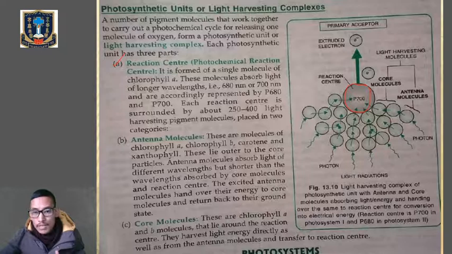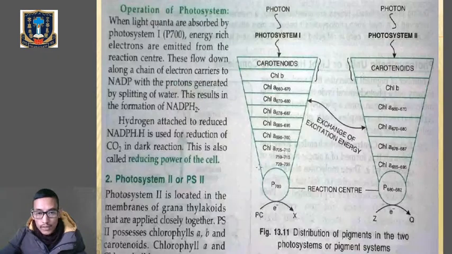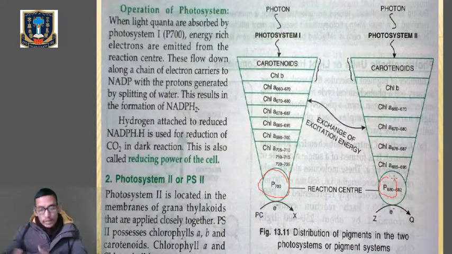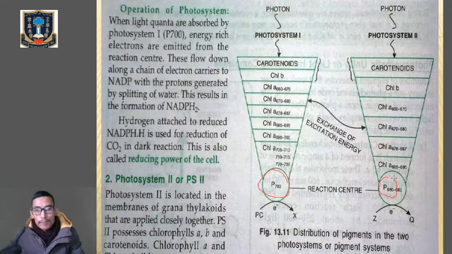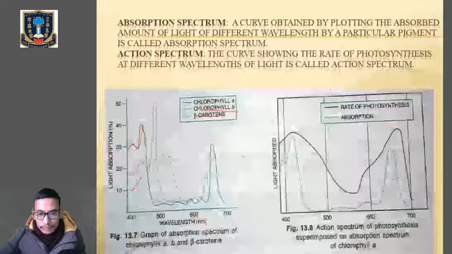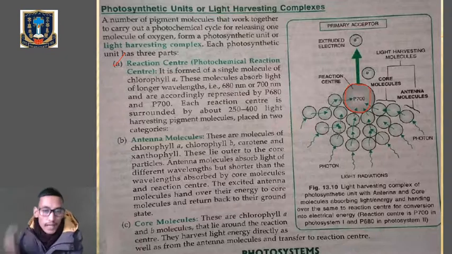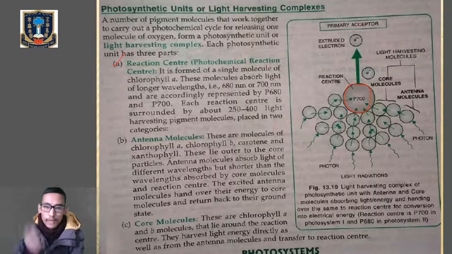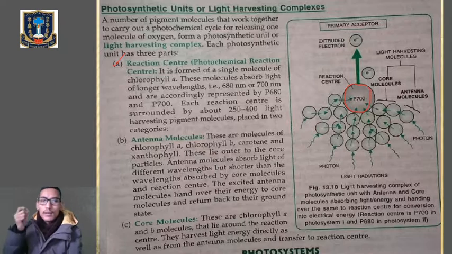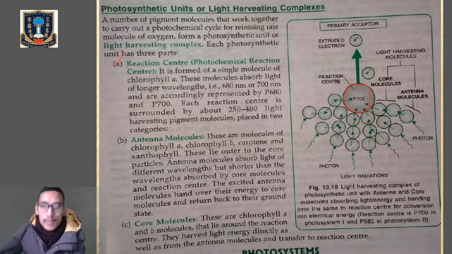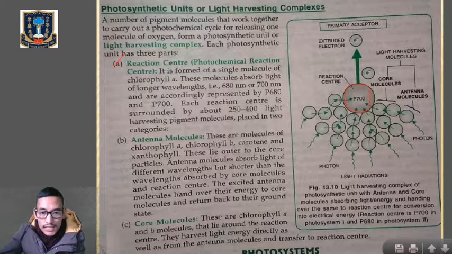So we have got P700 and P680. Here we can see P700 and you can see P680. So this means the wavelength of light that is being absorbed by the chlorophyll pigment. Okay. So reaction center is mainly composed of a single molecule of chlorophyll A which will absorb the wavelength of light at 680 nanometer or 700 nanometer, and they will be represented as P680 and P700.